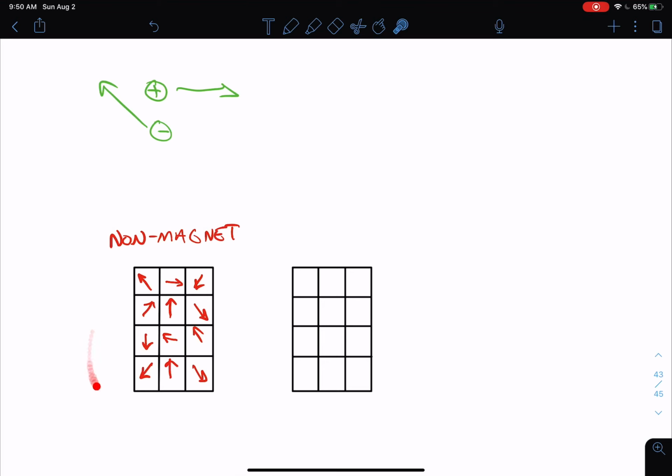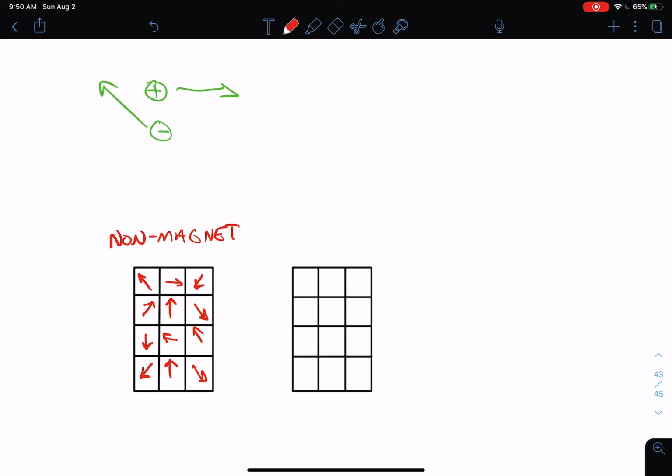So this is why there are non-magnets. The individual atoms and molecules have their own magnetic fields because the electrons are moving, but they're randomly oriented, and so the overall effect is they cancel each other out.